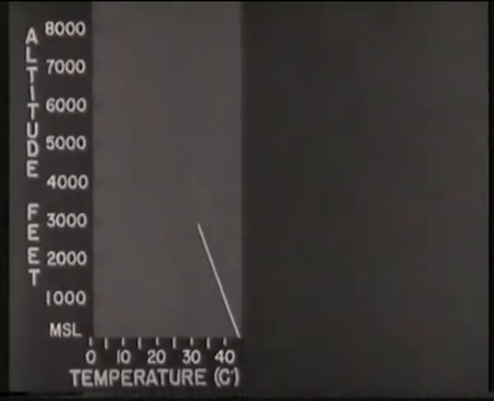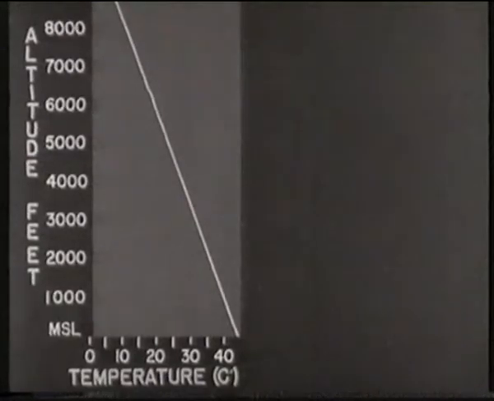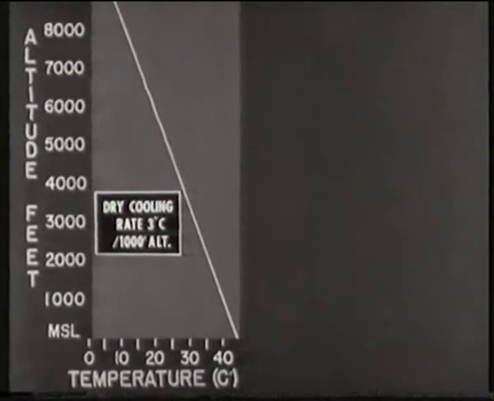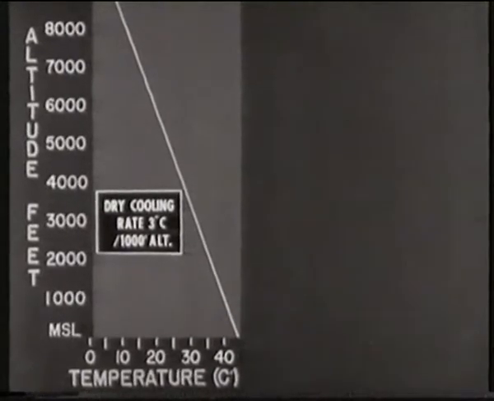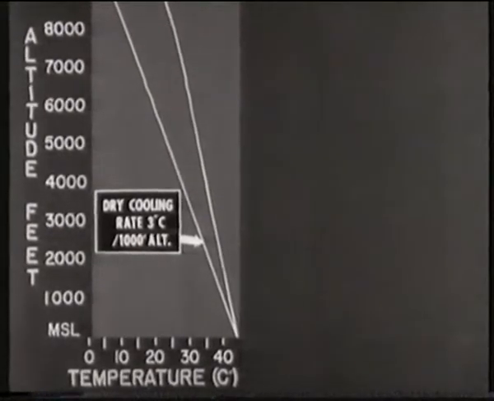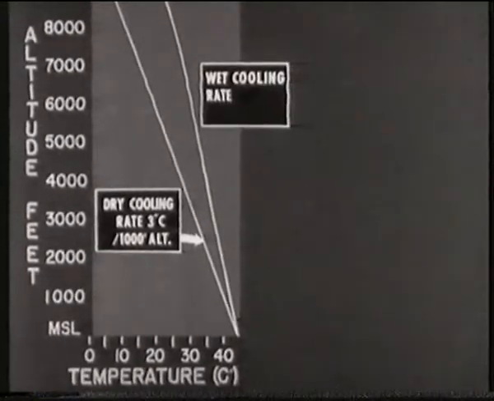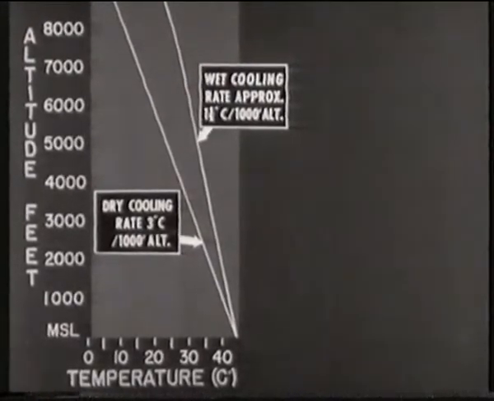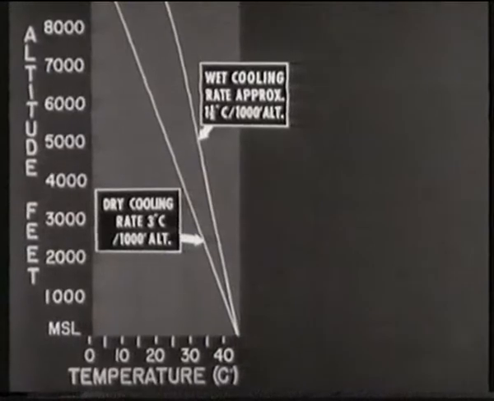We know that air which is not saturated, when lifted, cools at the dry cooling rate of 3 degrees per 1,000 feet of altitude, as shown by this line. We also know that saturated air, when lifted, cools at the wet cooling rate of approximately 1.5 degrees per 1,000 feet of altitude, as shown by this line.